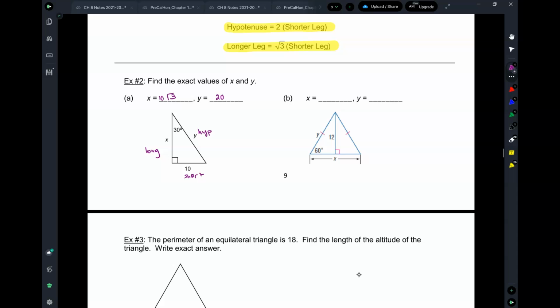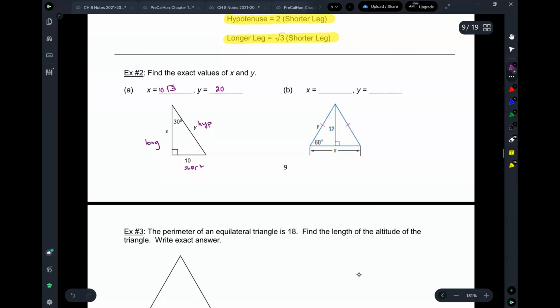Okay. Let's do another one. X and Y. Okay. So take a look here. You have a 60-degree angle here, a 90-degree angle. How big is this angle here? 30.